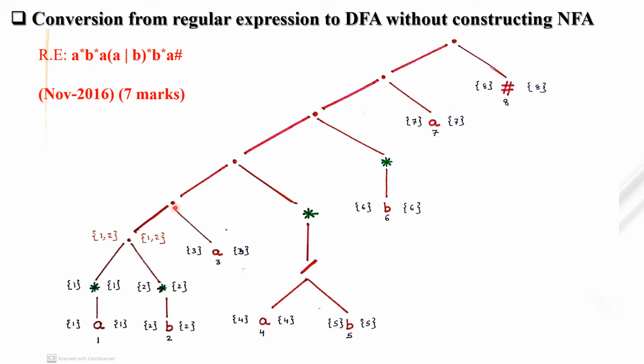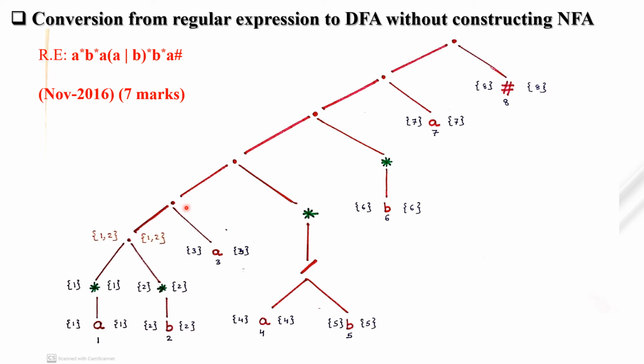So when we find the first position of this concatenation symbol, C1 is nullable, so we have to put first position of C1 union first position of C2. What is the answer here? Instead of 1, 2, we have to write 1, 2 and 3, because indirectly this is nullable, as both the children are nullable. So the first position of this is 1, 2 and 3.